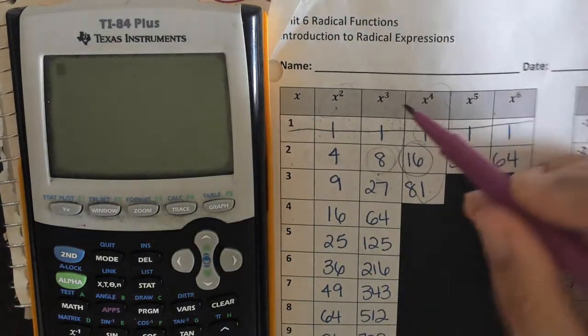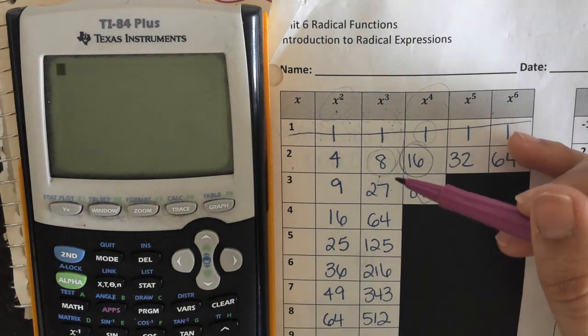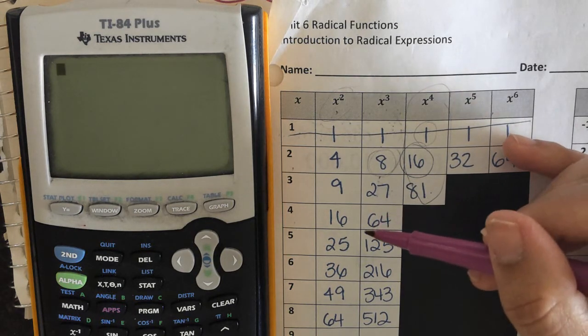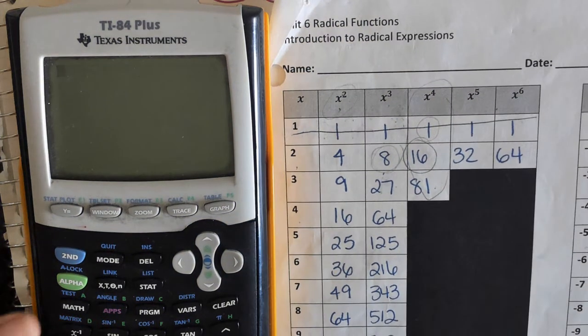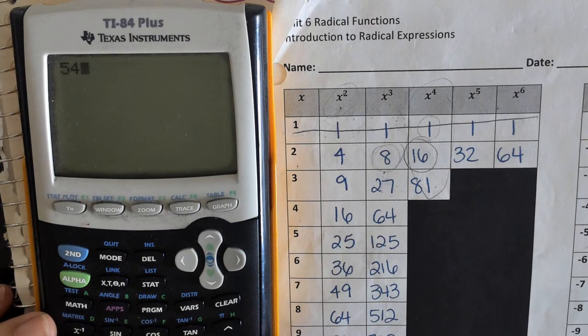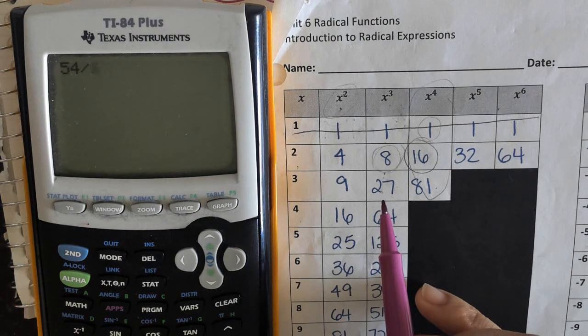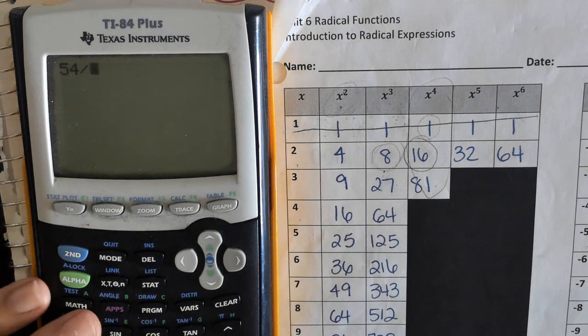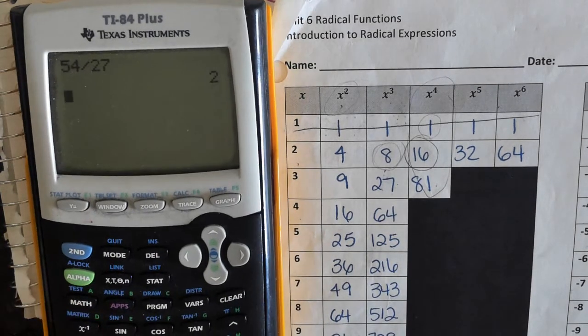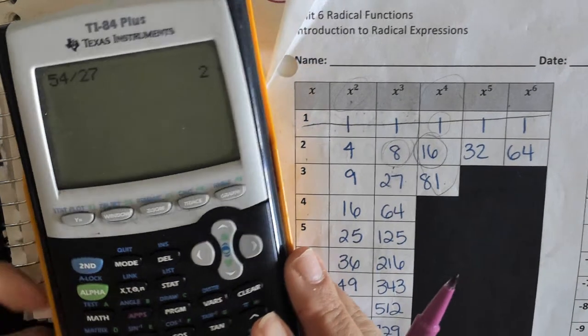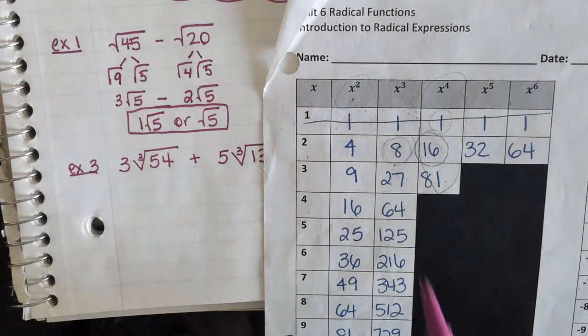Well, here's my x cubed column. 54 is not in here. 64 is too big, so I'm going to start by saying, okay, I'm going to divide 54 by the biggest number that could possibly go into 54 in this list, which is 27. There you go. 27 and 2 is what I'm going to use. I didn't get a decimal, so I'm okay. I can use 27 and 2 because 27 is a perfect cube.